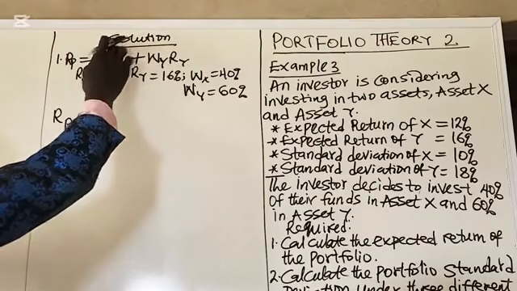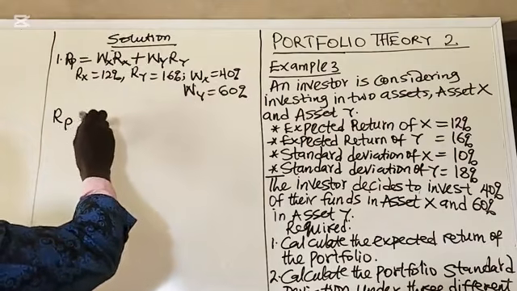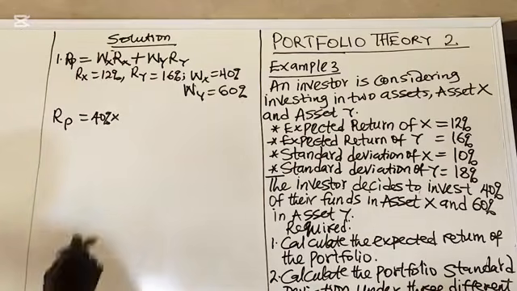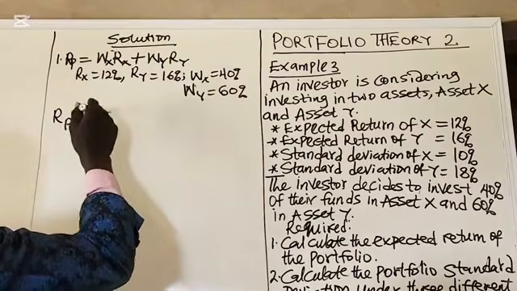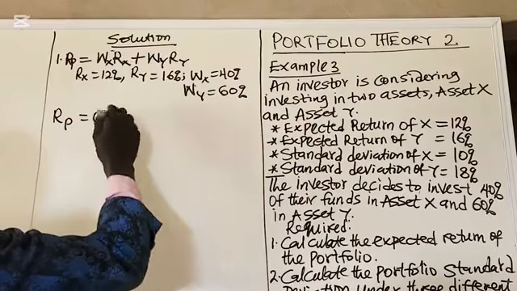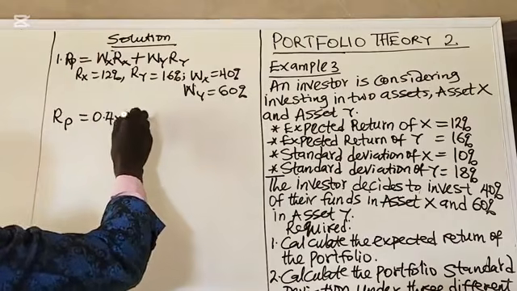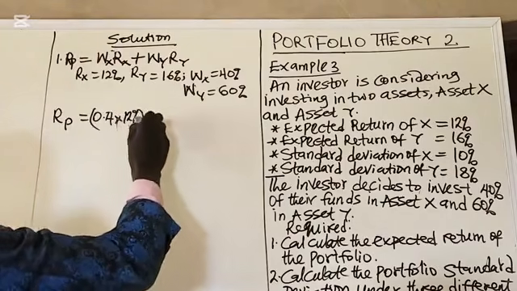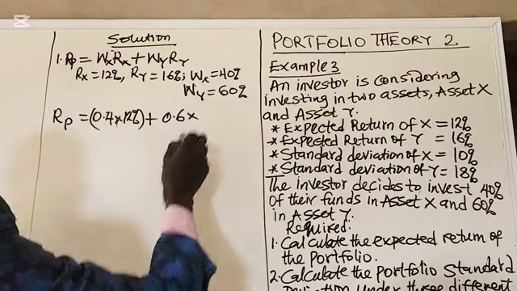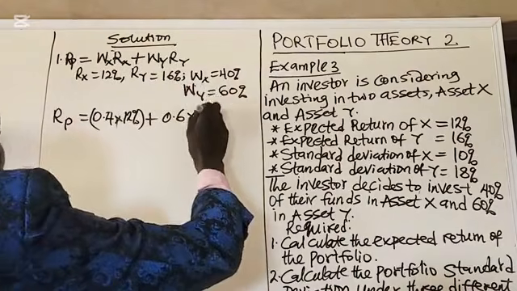Weight of X is 40% of the returns of X. Let me just use 0.4. 0.4 times returns of X, which is 12%, plus weight of Y, which is 60%, 0.6, multiplied by the expected returns of Y, which is 16%.